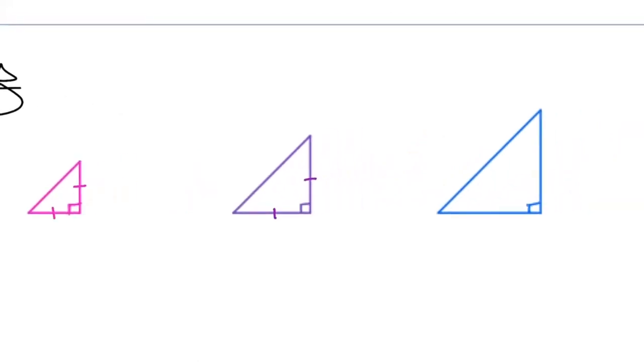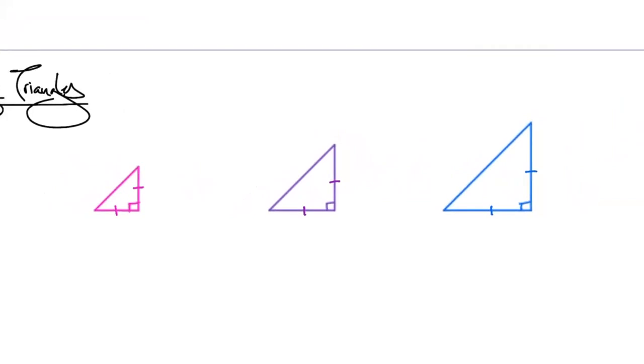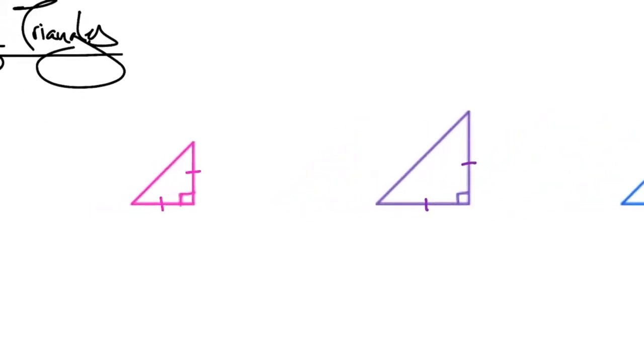And in the blue triangle, this side and this side are the same length. All right, so let's fill in some numbers here. Let's say in this pink triangle that this side length is 2. How long is this side length? That's also 2. If one side is marked as 2 and it has the same little hash mark as the other side, they're the same length.